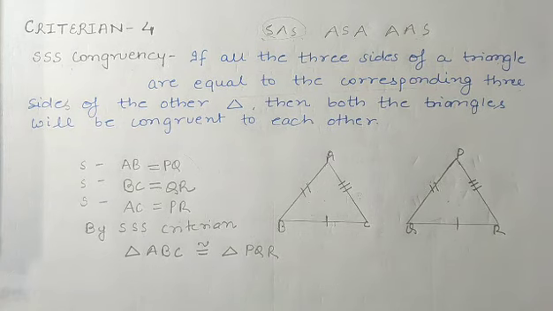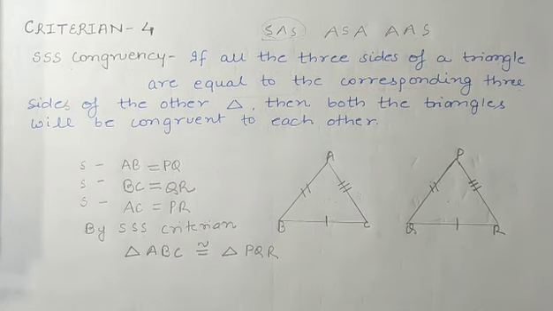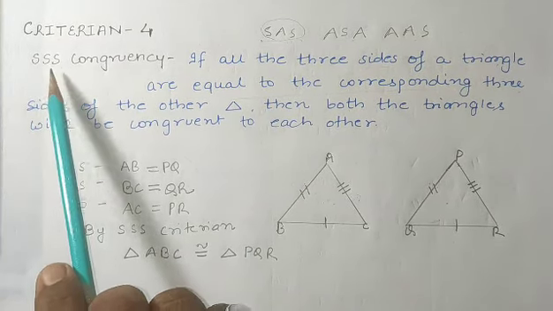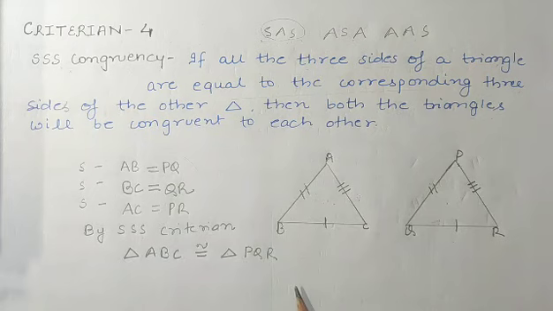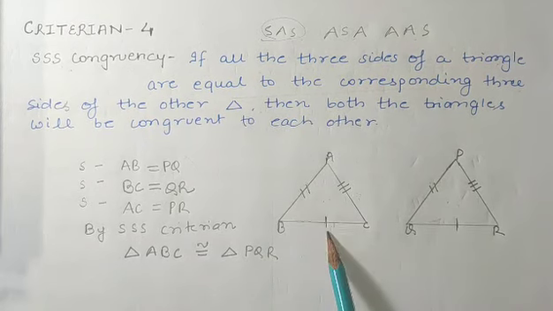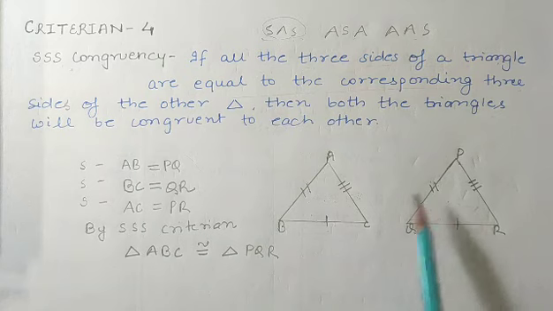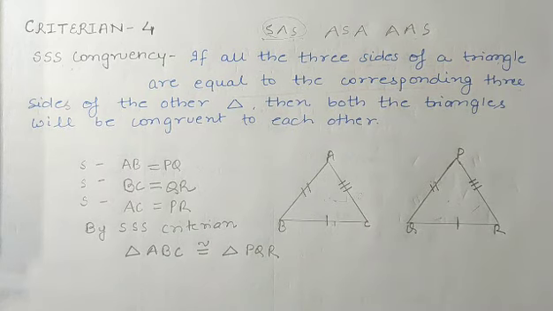As I have told you many times, the name of the congruency matters. The work of the criteria of congruency is based upon that name. So as it is clear from its name, if all the sides of one triangle are correspondingly equal to all the sides of the other triangle, then the 2 triangles will be congruent by SSS.